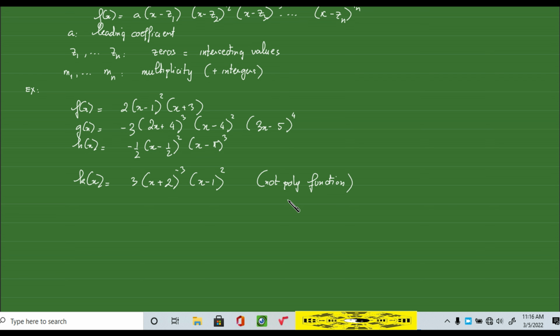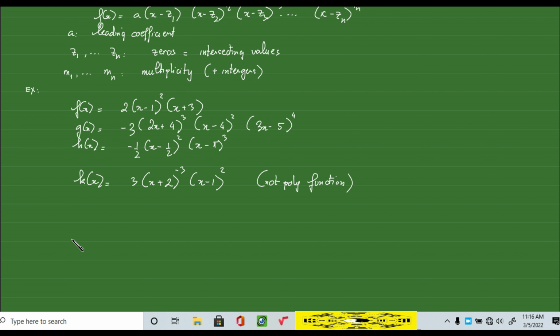So you have to notice that. When you factor a trinomial, ax squared plus bx plus c, you put it in factoring form, so that is a polynomial function.